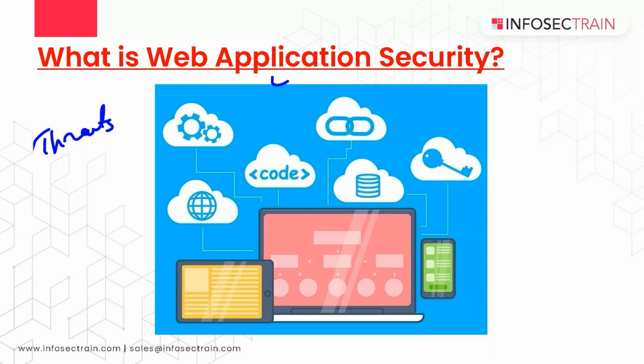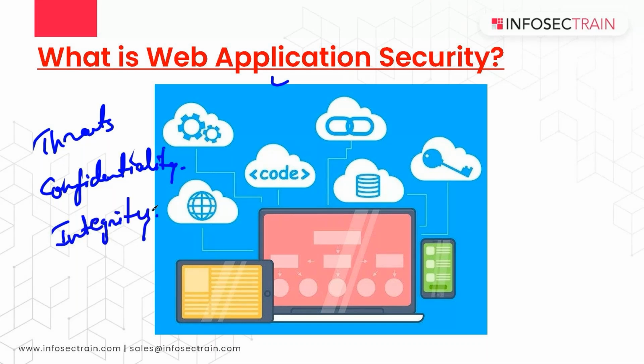So the goal of web application security is to ensure only authorized people will be able to access the sensitive data. It provides us the confidentiality. Along with that, it will also prevent unauthorized modification to our data or to our application.